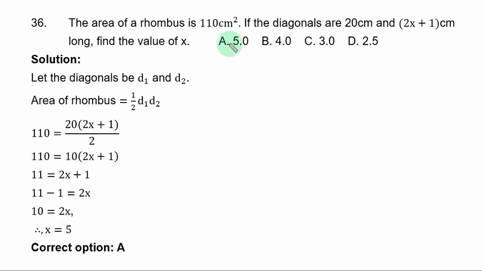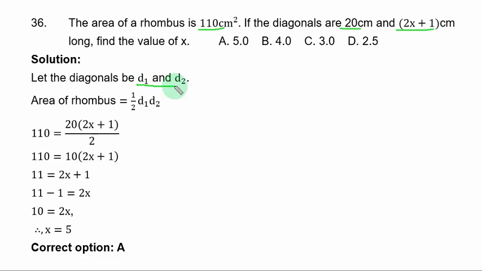Question 36. The area of a rhombus is 110 square centimeters. If the diagonals are 20 centimeters and 2s plus 1 centimeters long, find the value of s. Let us denote the diagonals by d1 and d2.